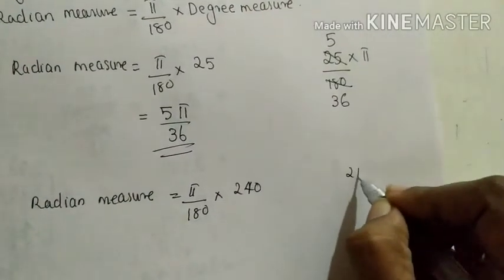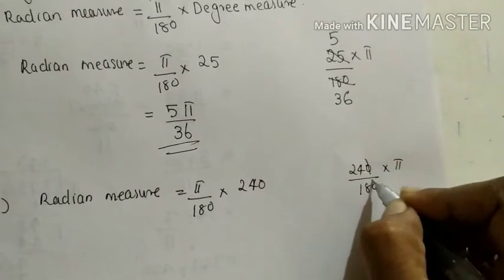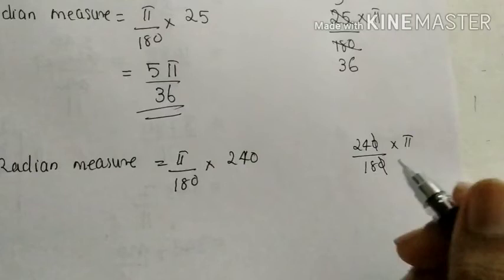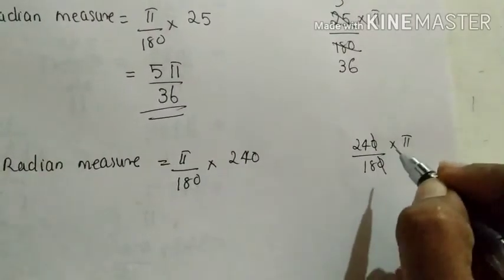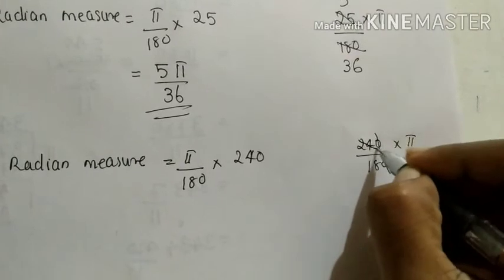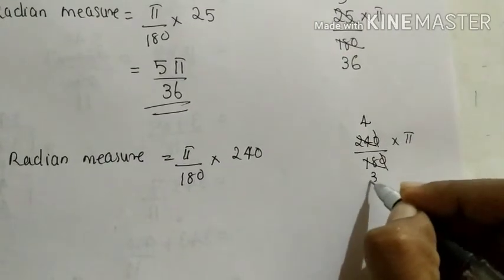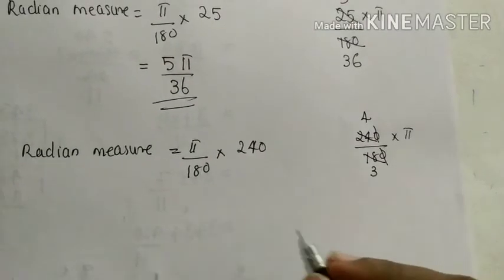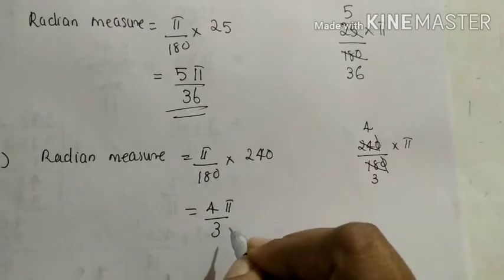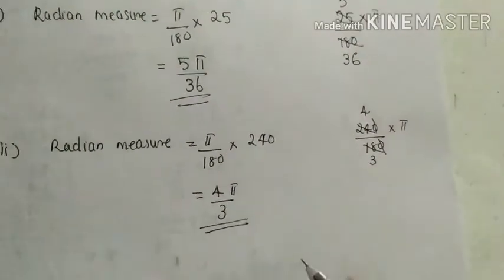So 240 by 180 into pi, cancelling this 0 on numerator and denominator, and using multiplication table of 6, 6 into 4 is 24 and 6 into 3 is 18. So we get 4 pi by 3 radian is equivalent to 240 degree. Okay.